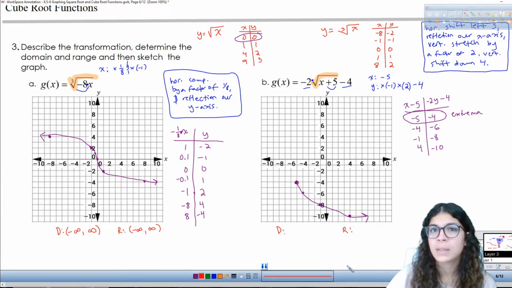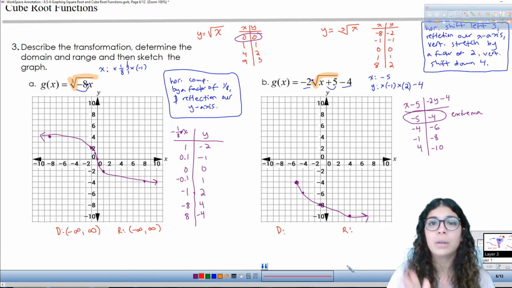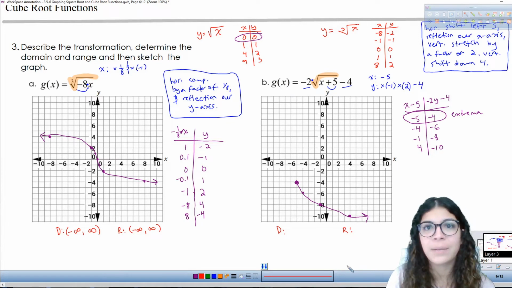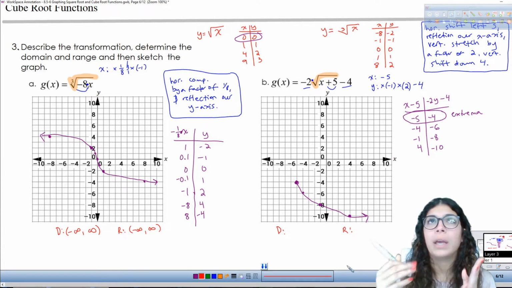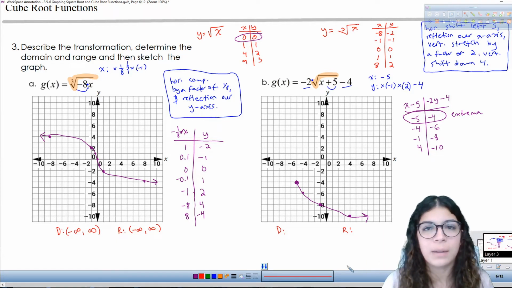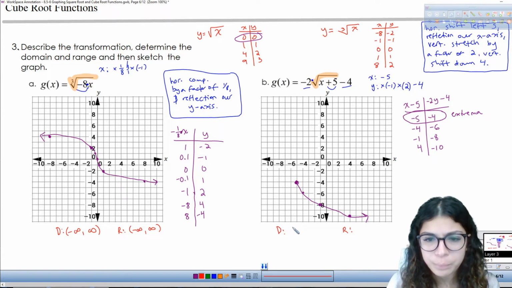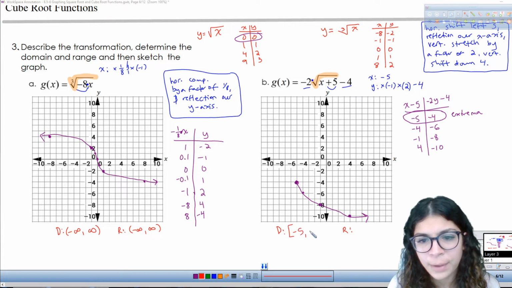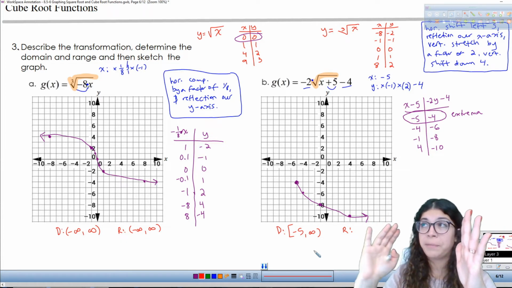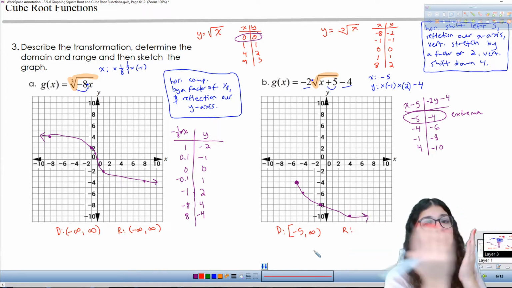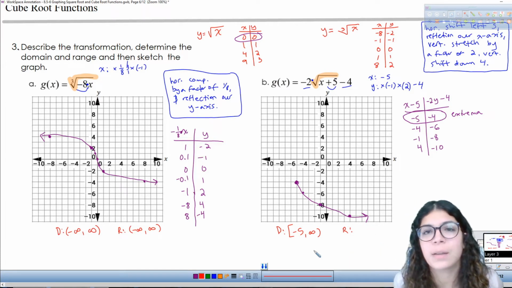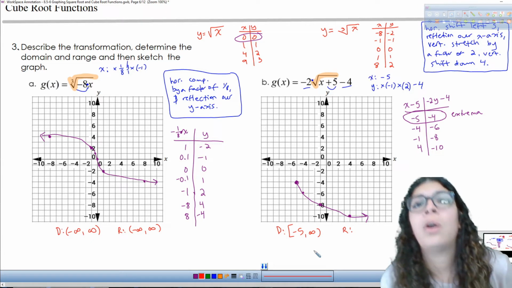So let's think about it. We took our graph and we shifted it to the left 5 units. After it gets reflected over the x-axis, that doesn't affect it any further. So the domain will start at -5 and then go to +infinity. That would change if the reflection was actually over the y-axis. In this case, it was a reflection over the x-axis, so it only affects our range, not our domain.